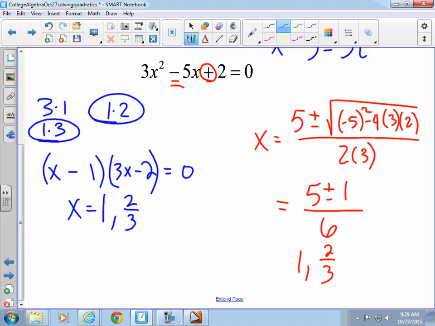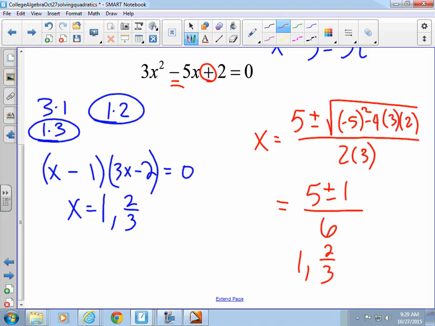So we can separate this into 2 pieces. 5 plus 1 divided by 6, 6 over 6. Yeah, it's negative b. So a negative negative makes a positive. But I guess we need to get those negative things. Yeah, check those.